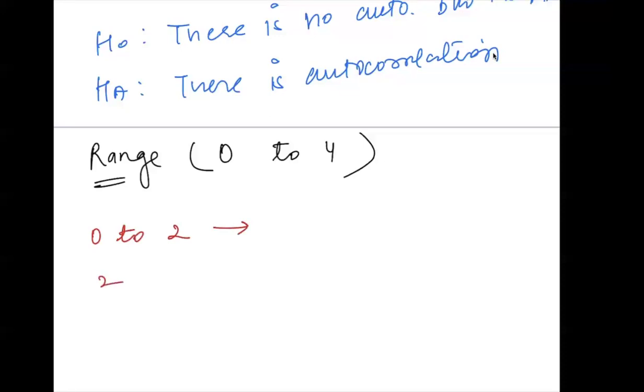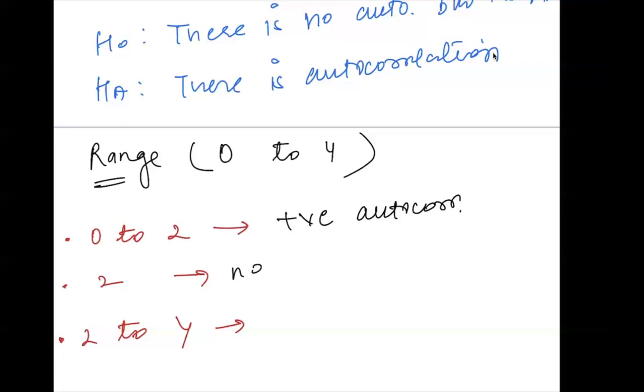There are only three cases. If it gives you a range between 0 to 2, it basically means that you have a positive autocorrelation in your residual. A value of 2 basically means there is no autocorrelation, and a range of 2 to 4 means there is a negative autocorrelation.